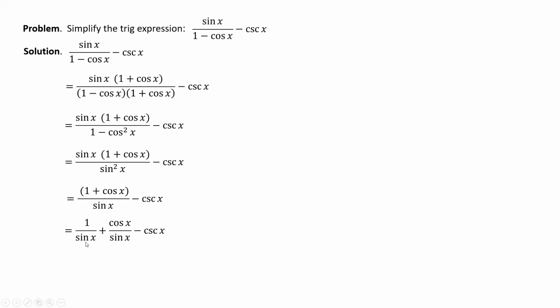That is because we recognize this 1 over sine x is nothing but cosecant x. Reciprocal of sine is cosecant. There is a negative cosecant x here. So this positive cosecant x and that negative cosecant x add up to 0. So we would be left with only this simple term, cosine x over sine x. But wait, what is cosine x over sine x? That's equal to cotangent x.